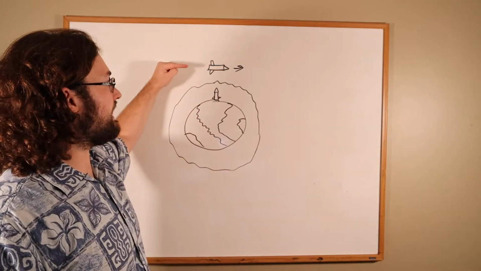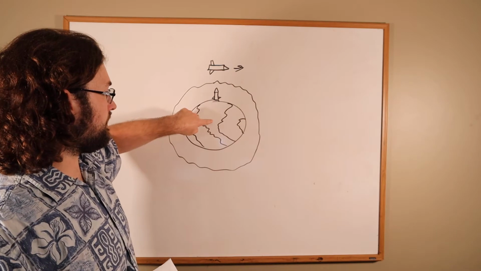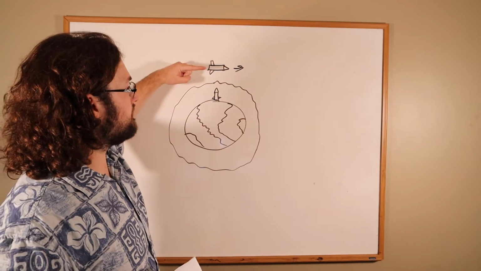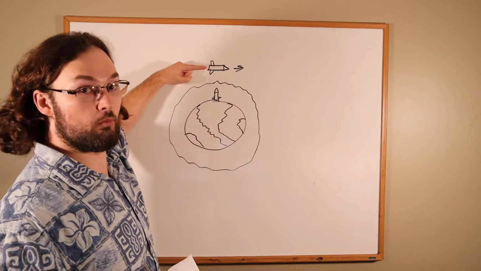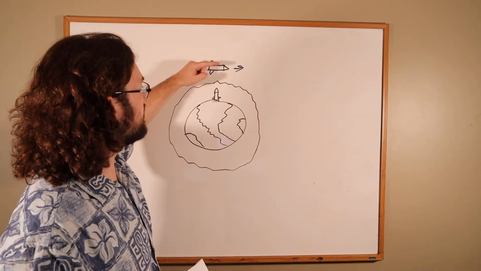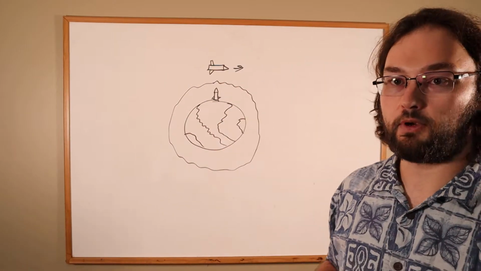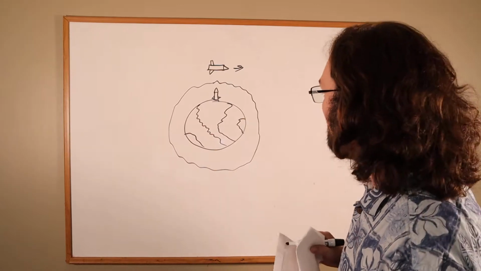And if we can make it go fast enough sideways, then as the gravity of the planet is pulling the rocket down, and the momentum of the rocket going quickly is making it go forward, the result will be a circular orbit around the planet. It tries to fall down, but it's going so fast sideways that it misses.